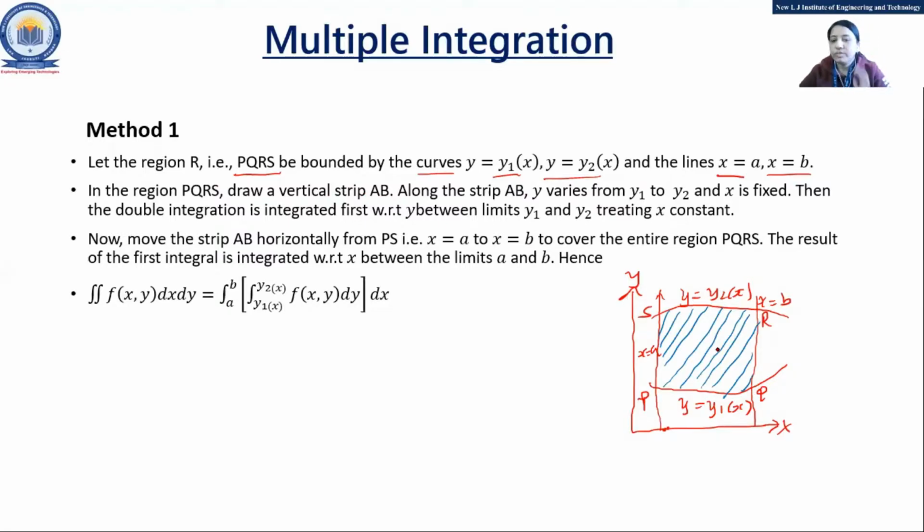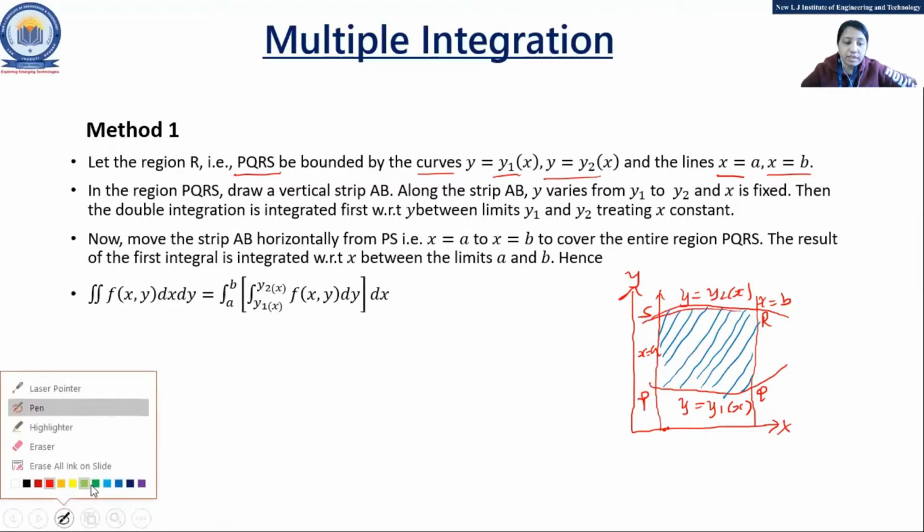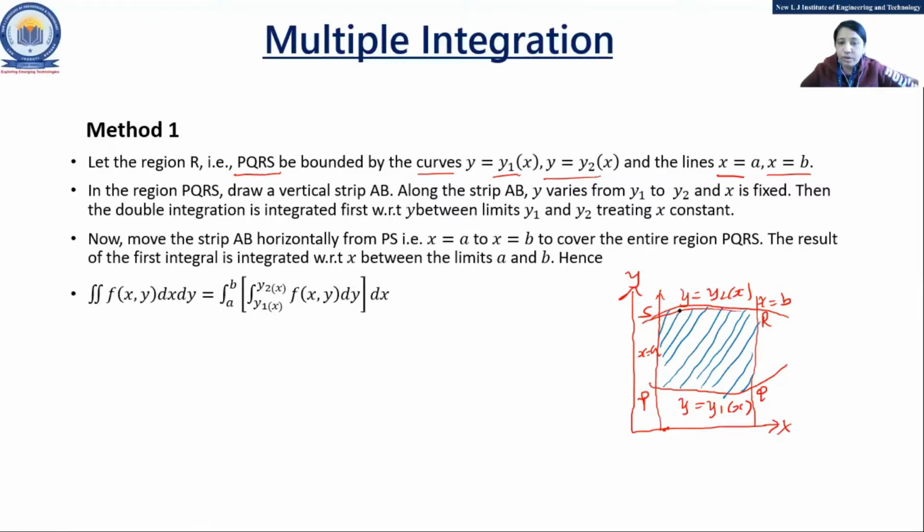We need to find the double integration of this area, so first I need to draw a vertical strip. I'll draw one strip, that is AB. Okay, this is AB, this is my strip. This green color is nothing but a strip.